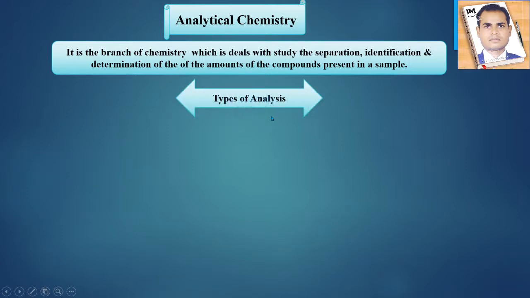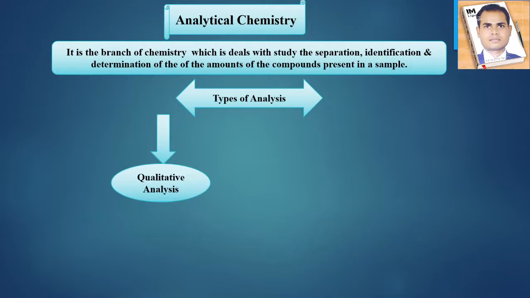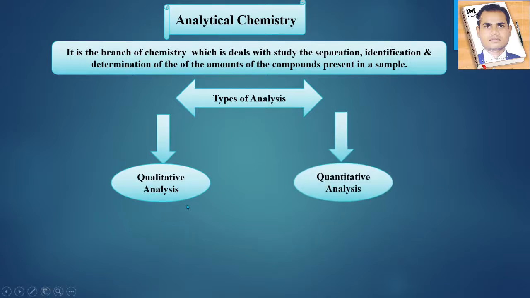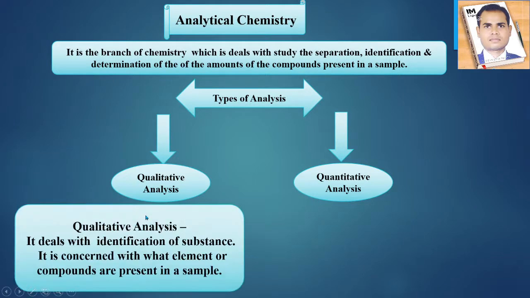Now we have to see the types of analysis. They are qualitative analysis and quantitative analysis. Qualitative analysis deals with the identification of substances. It is concerned with what elements or what type of compounds are present in the sample.